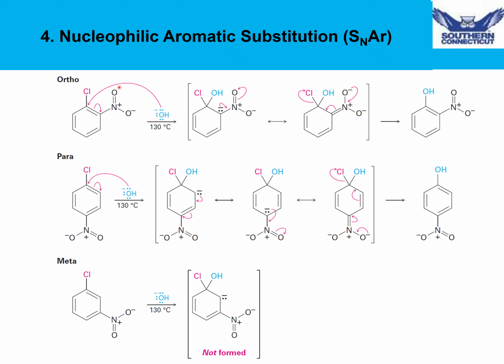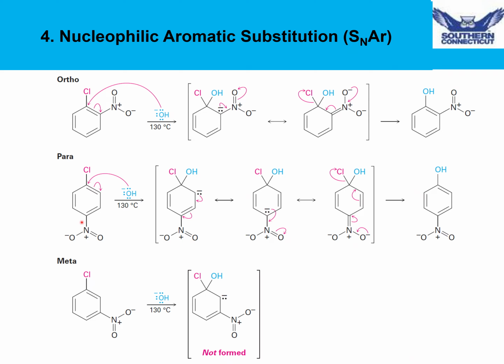For example, having an ortho nitro group, after the nucleophile adds to the same carbon as the leaving group, as it usually does, it leads to the Meisenheimer complex, which has a negative charge on the carbon where that nitro group is, which is able to now stabilize that negative charge through resonance as shown here. After that negative charge reforms the double bond, by eliminating the halogen, we get a product from this reaction.